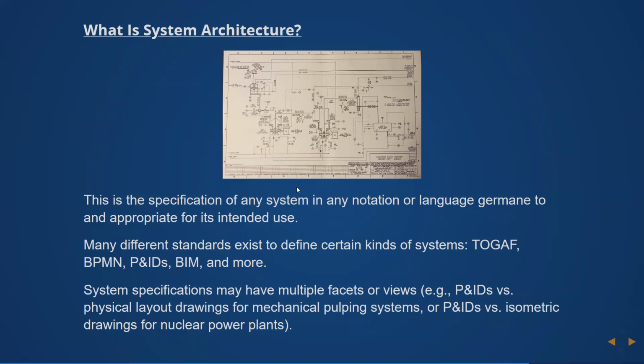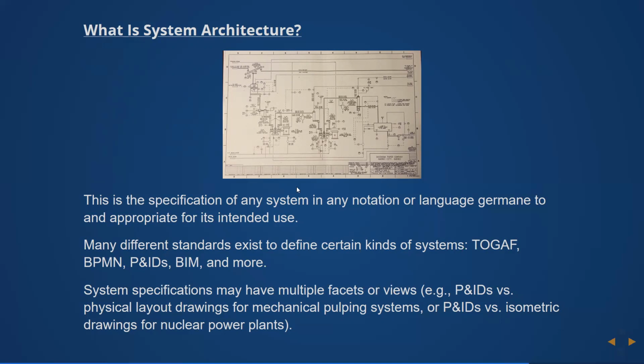The others, business process modeling notation, something like that. P&IDs is process and instrumentation diagrams. They talk about how physical process systems, usually with liquids, but not always, work operationally and conceptually.